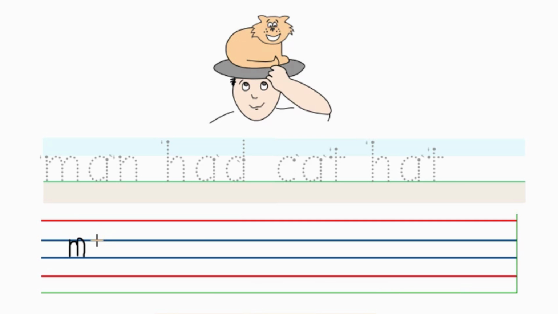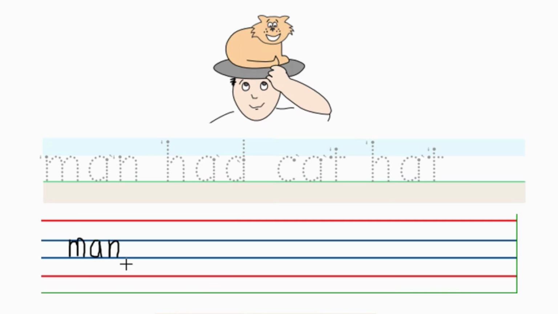You first make a C over here, then without stopping at the grass line, you go up, touch the aeroplane line and come back and touch the grass line. Then N. How will you write N? You draw a short line down and a bunny hop makes the letter N. So we have written the first word, man.